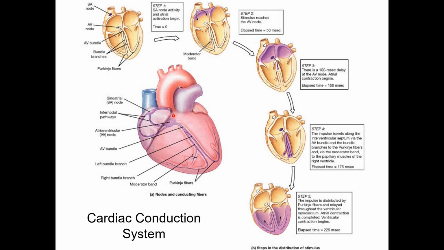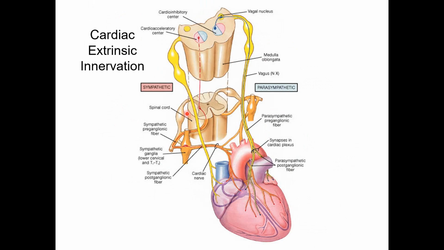So this system is affected by the autonomic nervous system, by the external nerves which reach the heart. Since the heart is cardiac muscle, it is involuntary, we do not control it. So the control of the cardiac muscle is through the sympathetic and parasympathetic nerves.